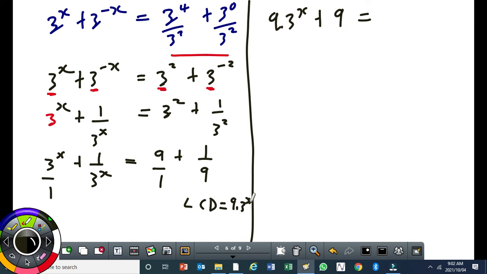It's the numerator, so I'll end up getting 9 times 3 to the power of x plus, here I just have to multiply the numerator by 3 to the power of x. So eventually, this will give me 9 times 3 to the power of x plus 9 is equal to, that will give me 81 times 3 to the power of x plus 3 to the power of x.